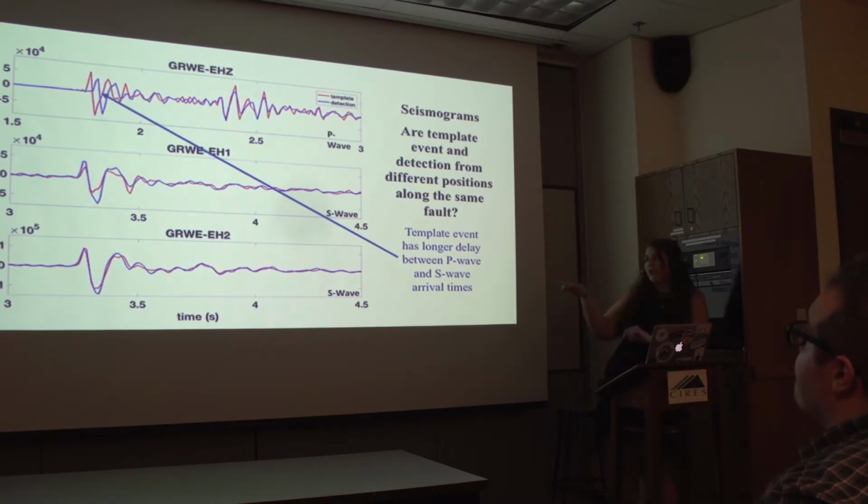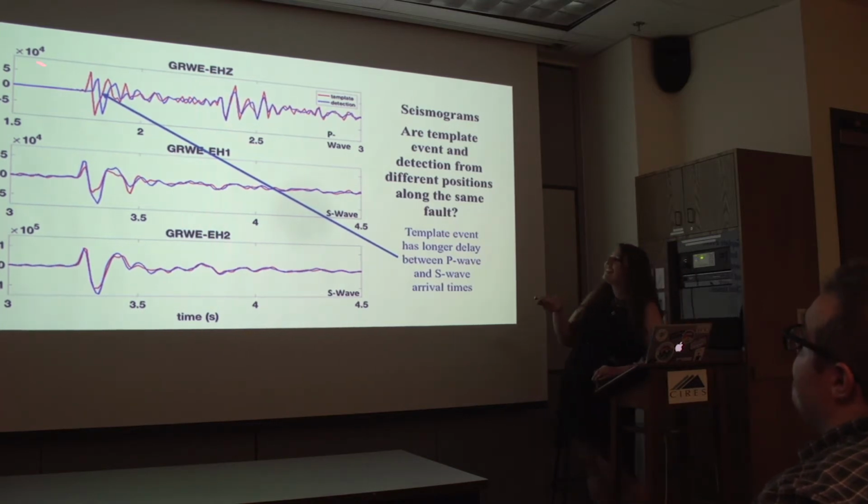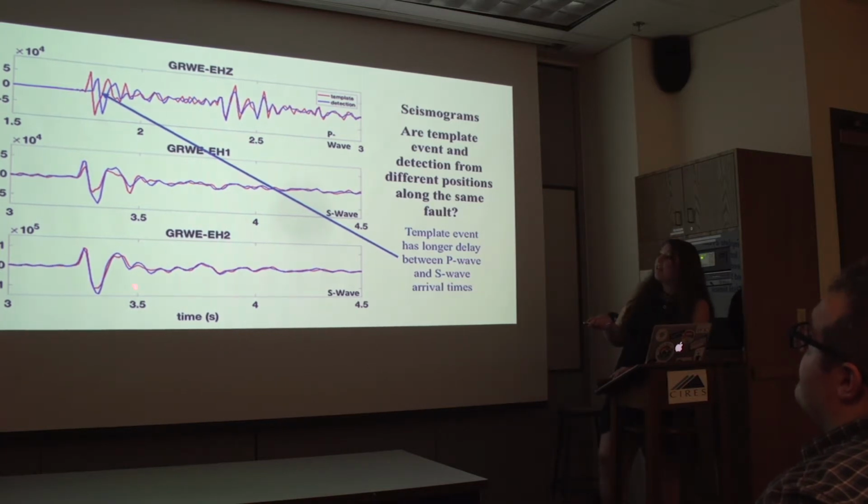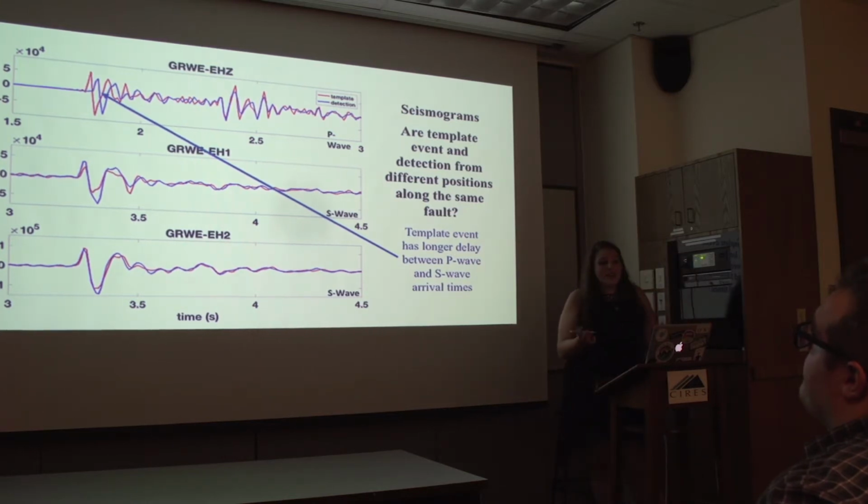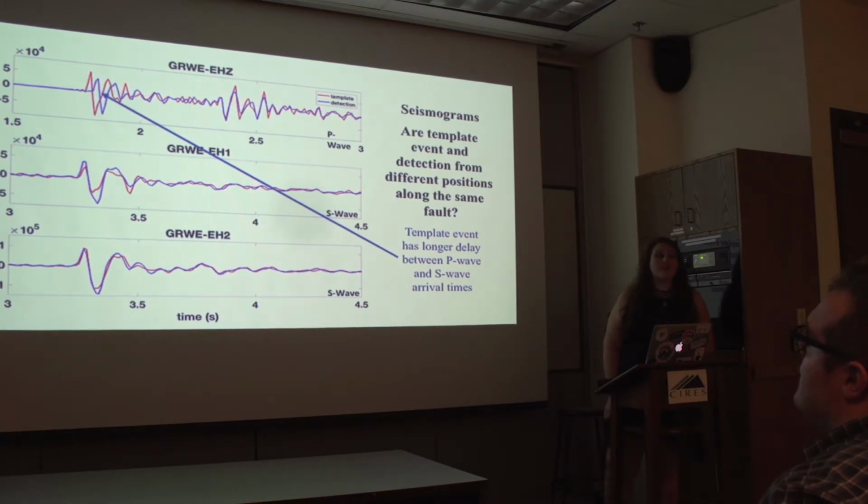But interestingly enough, there's a difference in the arrival at the P wave. The S waves line up extremely well, but the P wave seems to have changed possibly. So we can potentially see two things happening here. Either these earthquake events were located at a different location along the same fault, or the velocity structure of these earthquakes could potentially have changed.